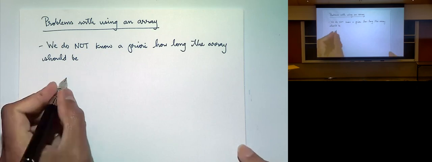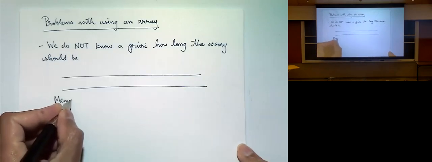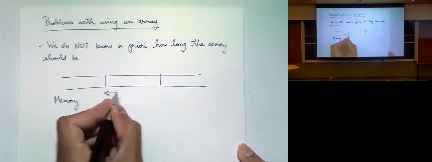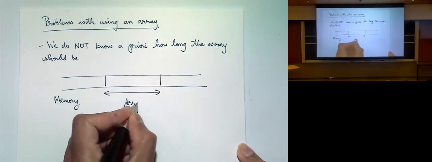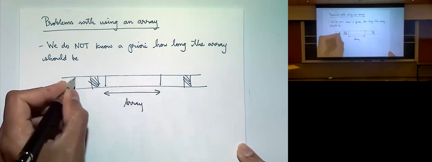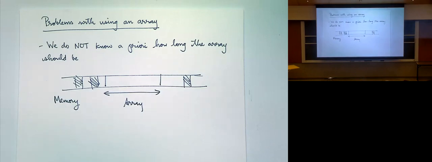But there's another issue. If you think about memory, an array is a contiguous portion of memory. That's what an array looks like, right? So maybe this is being used up, and this is being used up, this is being used up. Okay, how many are familiar with how memory is arranged? Okay, sort of, kind of. But essentially think of memory as just being like this really, really long tape, right?